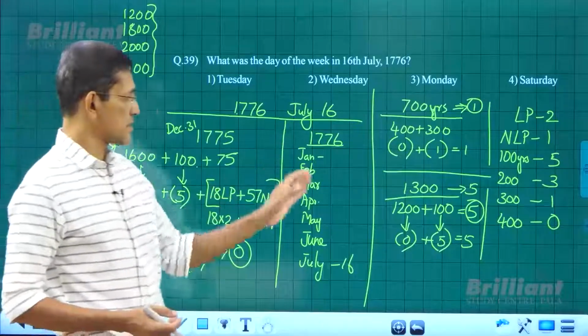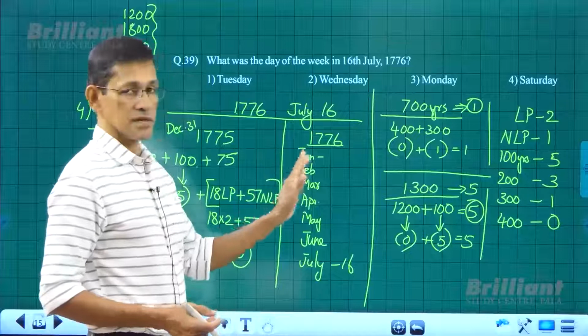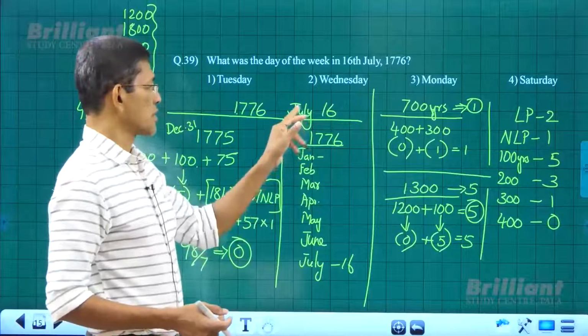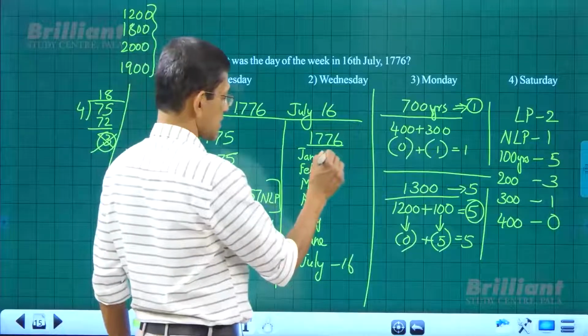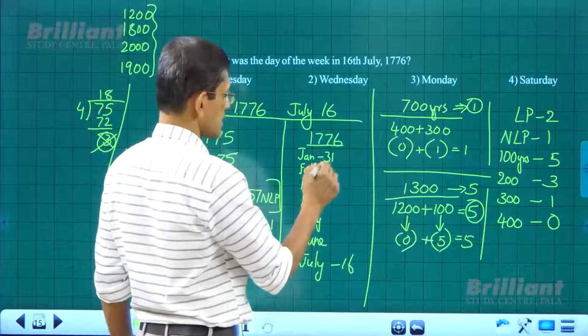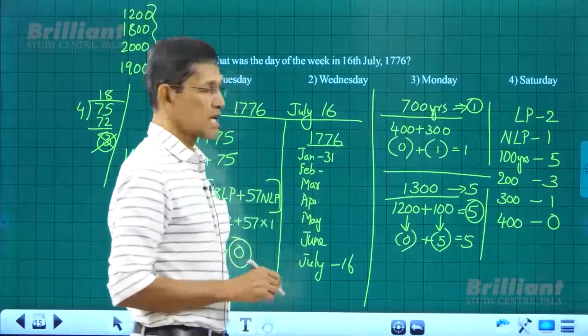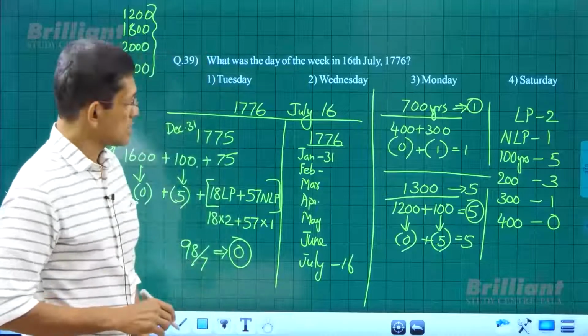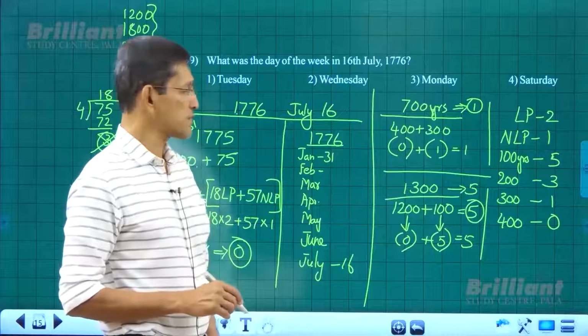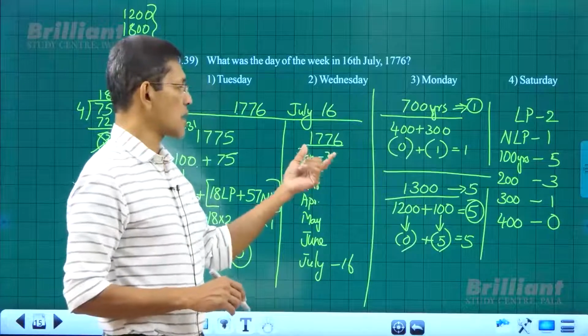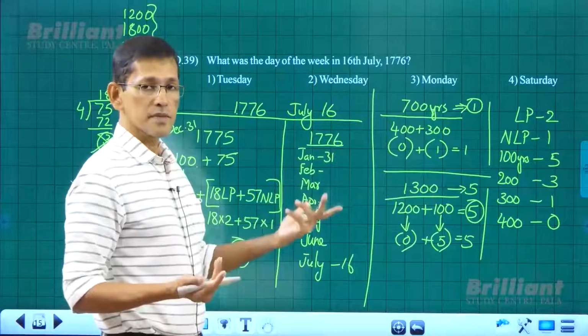Now we have the year 1776. We have to go up to July from January. January we have 31 days. February, the year is 1776. Is it a leap year or a non-leap year? In order to find whether it's a leap year, we need to divide it by 4. If it's a multiple of 4, then it's a leap year.